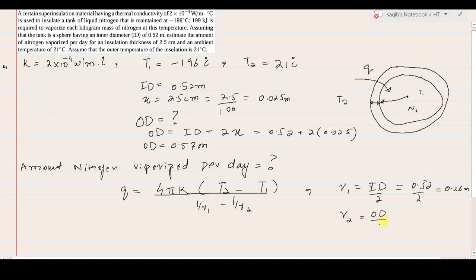That is the outer diameter divided by 2. So what is the outer diameter? That is 0.57 divided by 2, and then you will get 0.285 meter. Now put all the values in the corresponding formula and you will get the heat that is transferred inside this sphere.